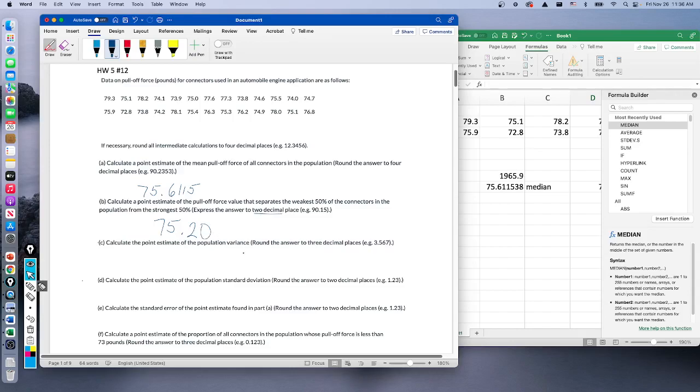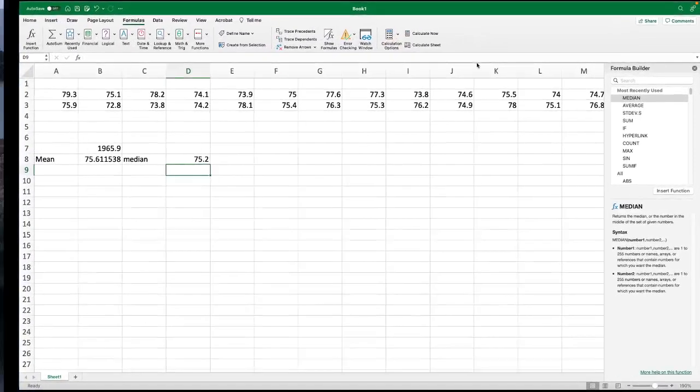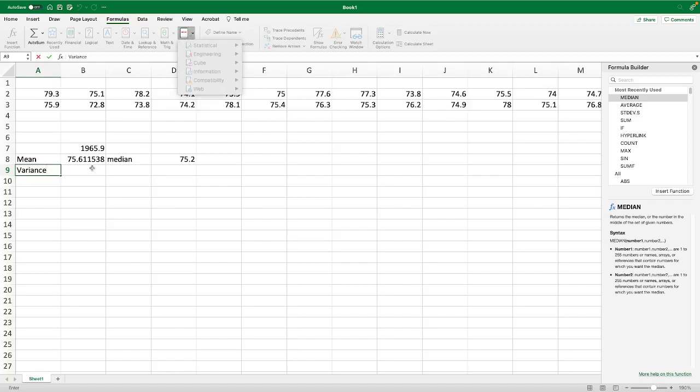Calculate the point estimate of the population variance. So again, we'll find the variance of the sample. Now with Excel, that one's not there.